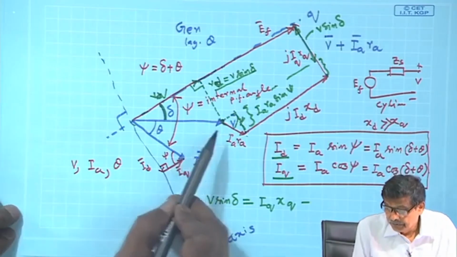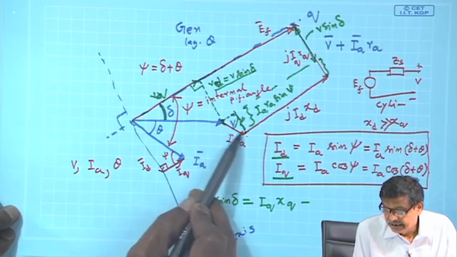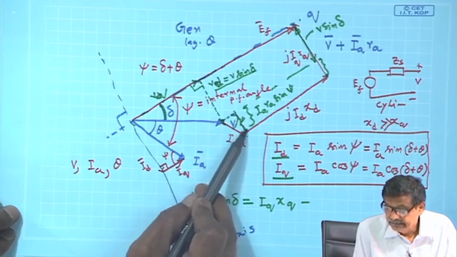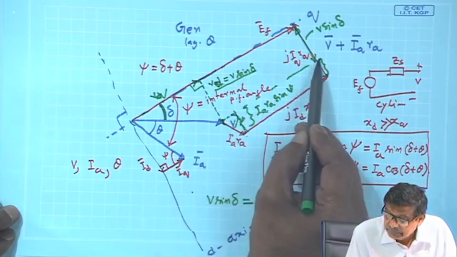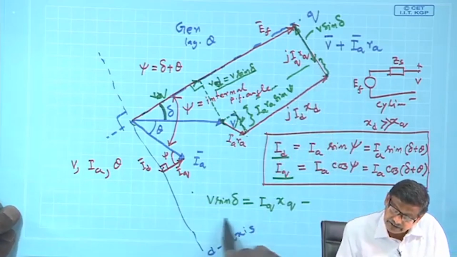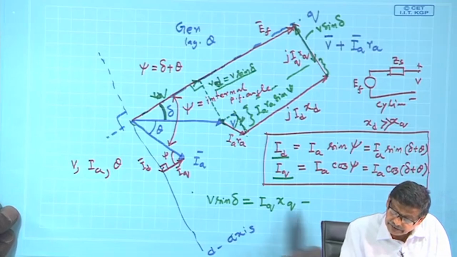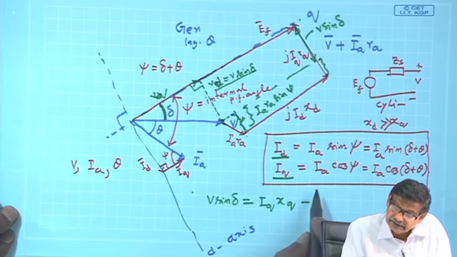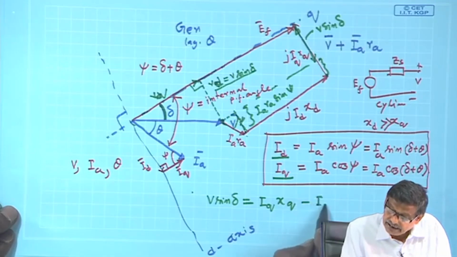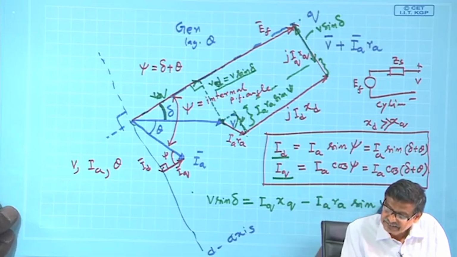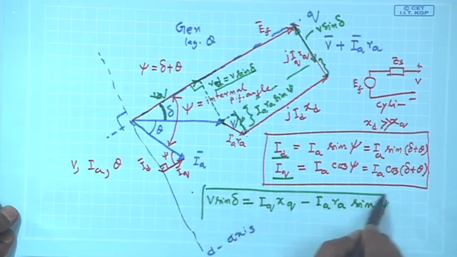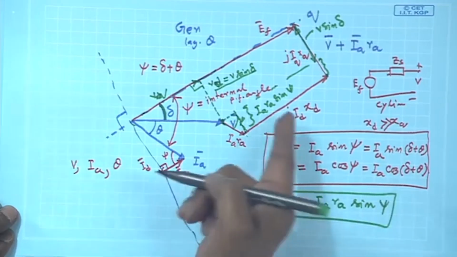Okay? Therefore, you take this projection I A R A sin psi, and this length is nothing but this length. Therefore, I will say V sin delta is I q x q minus I A R A into sin psi. This must be true.